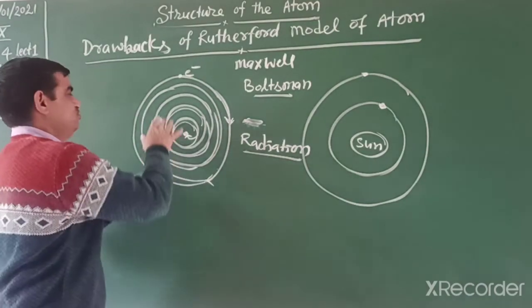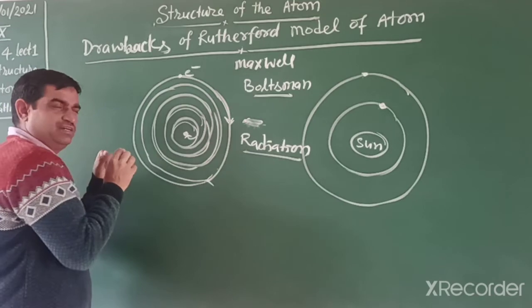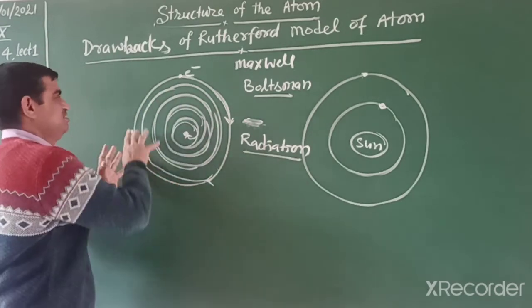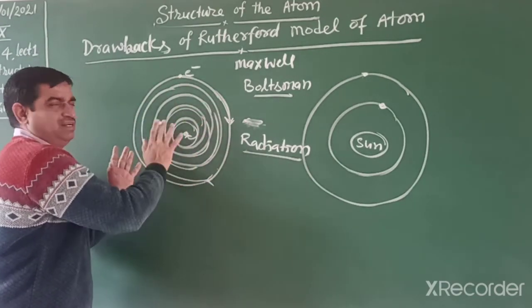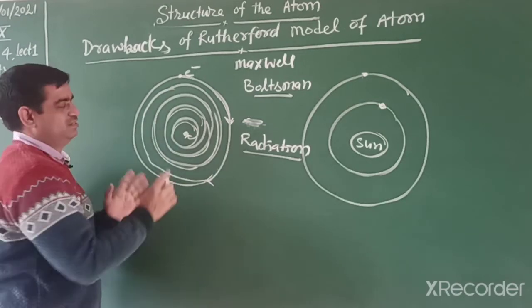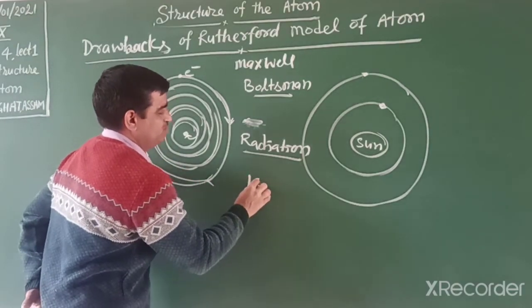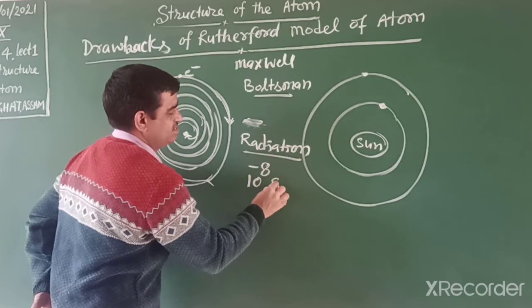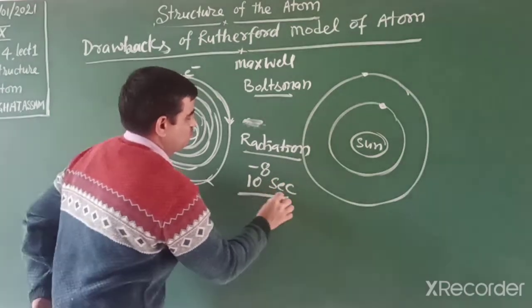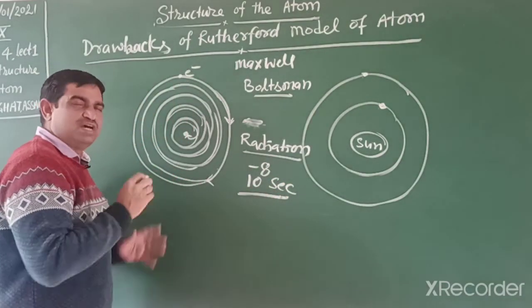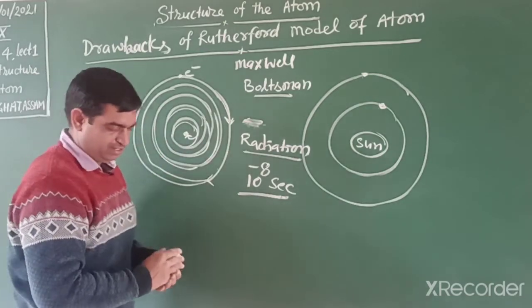So its path shrinks, it comes nearer to the nucleus, and ultimately collapses into the nucleus. This happens within 10 to the power minus 8 seconds, a very small time, only a fraction of a second.